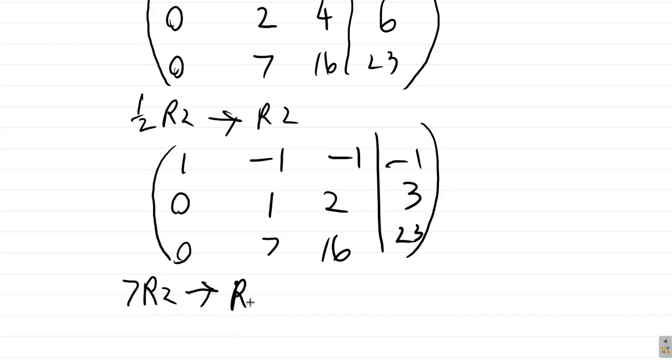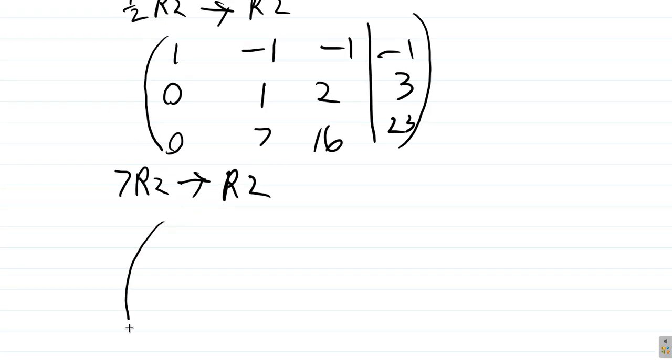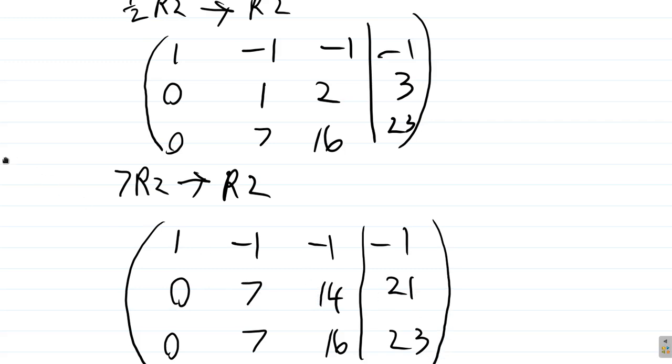That gives you your new row 2. So we're going to change row 2 alone. We have back our row 1, 1, negative 1, negative 1, negative 1. We have back our row 3, 0, 7, 16, 23. But here now, 7 times row 2: 0, 7, 7 times 2 is 14, 7 times 3 is 21. So there we have that.